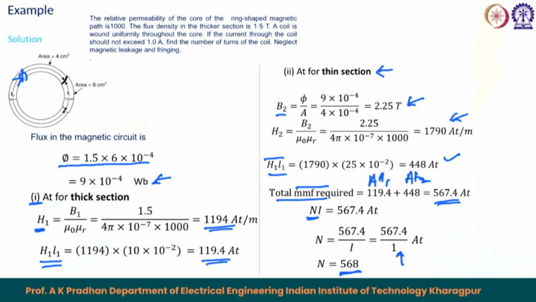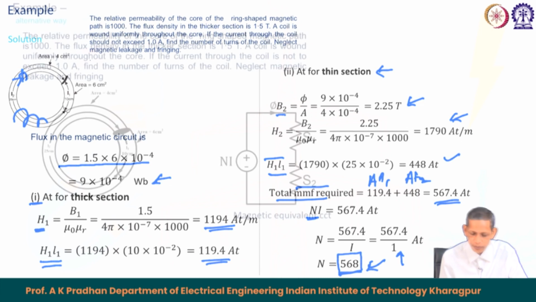Number of turns is generally not considered fractional, so we take a higher value, which comes out to be 568 turns of the coil. So, the answer is that the coil wound throughout the core has 568 turns, and with 1 ampere injection we can meet the corresponding flux requirement of 1.5 Tesla.